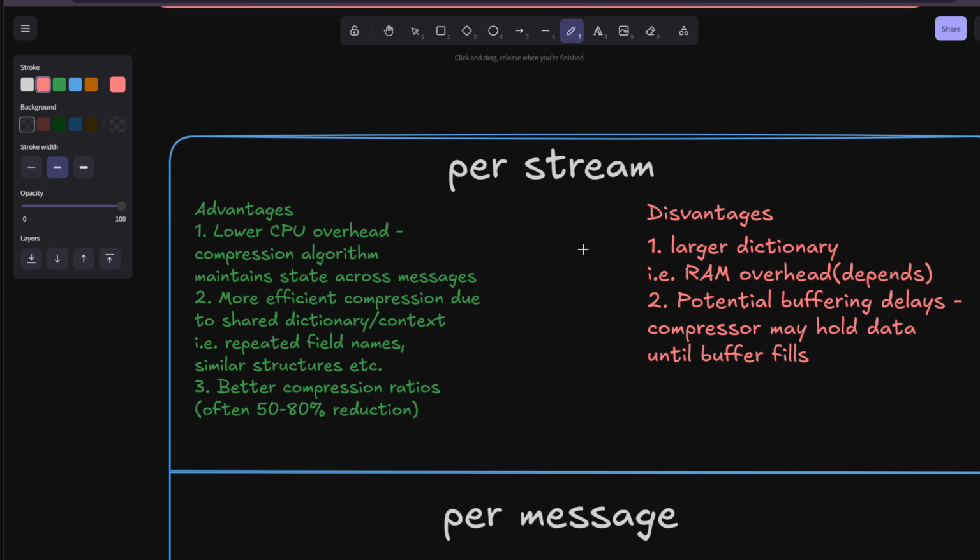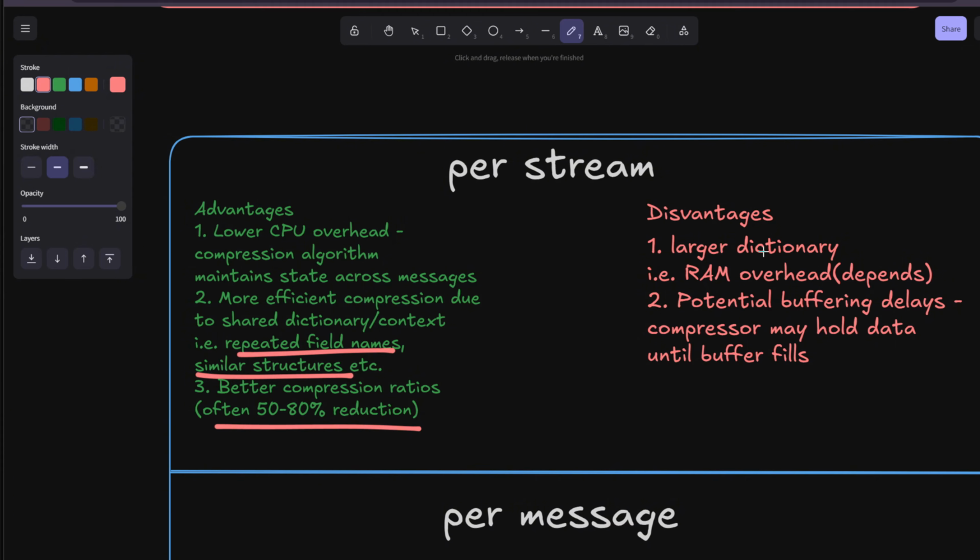If we are talking about advantages and disadvantages, there is always a trade-off. In theory, we should have lower CPU because the compression algorithm maintains state across many messages. It should be more efficient because we have repeated fields and similar structures, we recognize and reuse them, and we should get better compression rates.